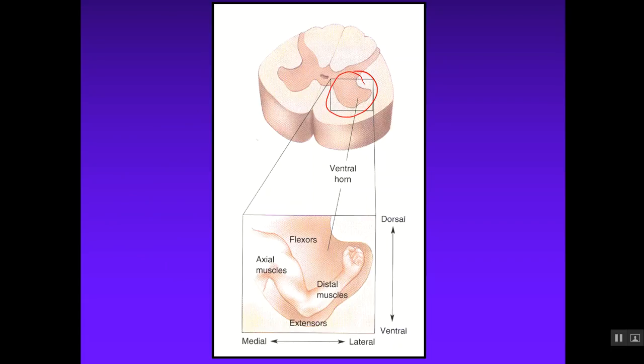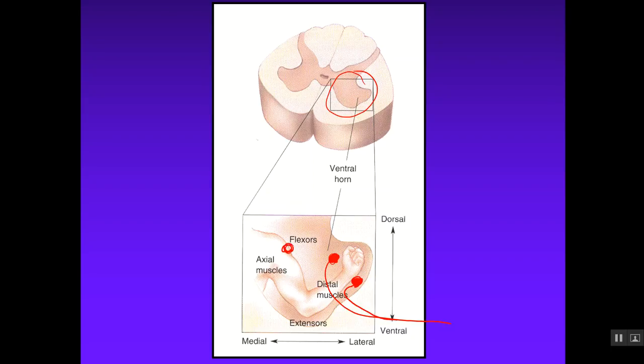So if you've got some anterior horn cells sitting here that are going out to muscles, these will tend to be distal flexors, so maybe flexor digitorum profundus or something like that. Versus if the anterior horn cell's sitting here and going out, it's probably going to a distal extensor muscle.